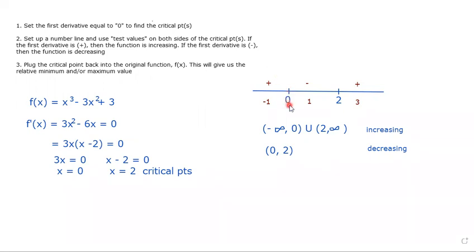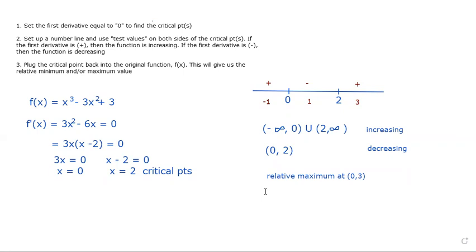So let's look at this critical point. It's 0. 0 cubed minus 3 times 0 squared is 0 minus 0 plus 3. That's going to give us a relative maximum at (0, 3). Why is that? Because it's going up.